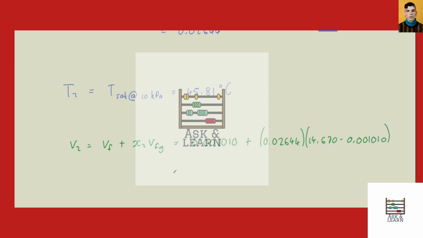And these are in units of cubic meter per kg. And so we get v2 to be 0.38886 cubic meters per kg.